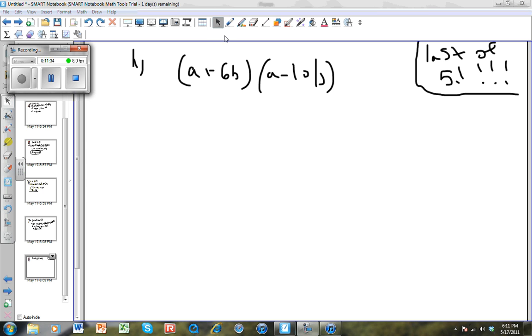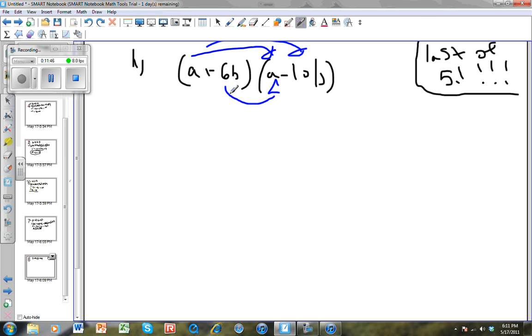Okay, last question of 5.1. A plus 6b and A minus 10b. So we're going to do the same thing that we've been doing this entire time. A times A, A times negative 10b, 6b times A, 6b times negative 10b.